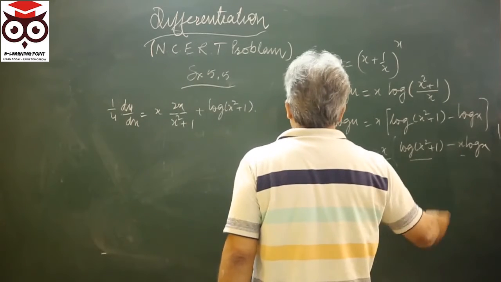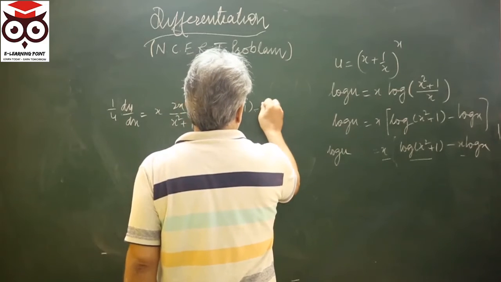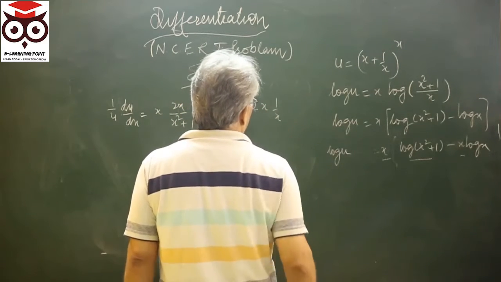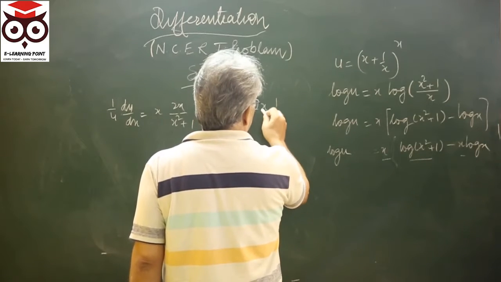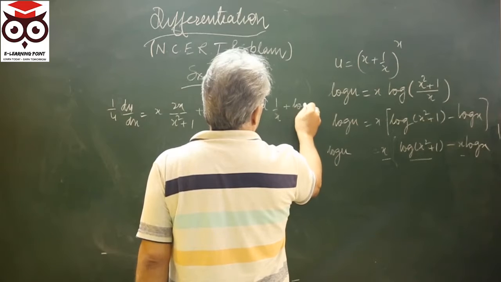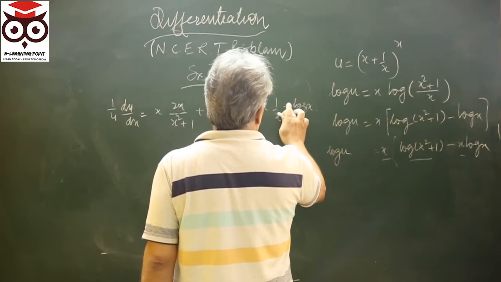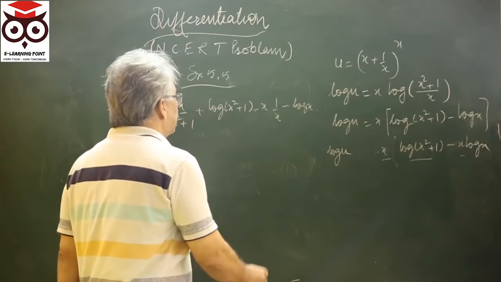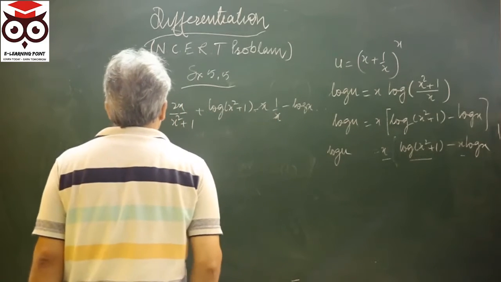Now how will I do this one? This is x as it is, 1 by x. Then you will put plus sign. This is log x, the differentiation of x is 1, and multiplied by minus, this is minus, and this will remain the same.